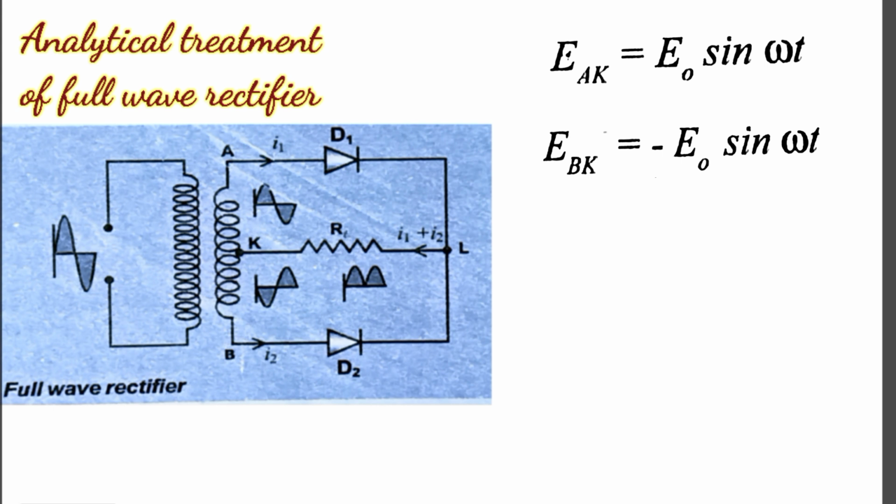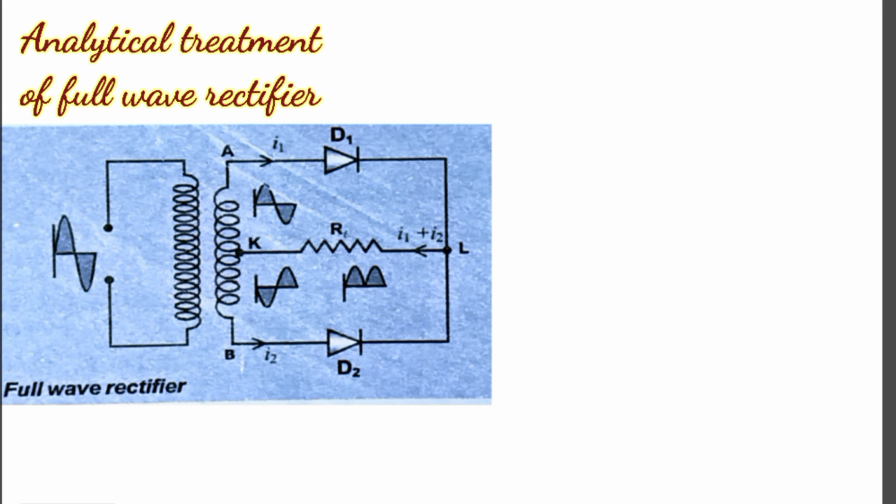Let the resistance of the diode be Rf when it is forward biased, and infinity when it is reverse biased. Let I1 and I2 be the instantaneous currents through diodes D1 and D2.